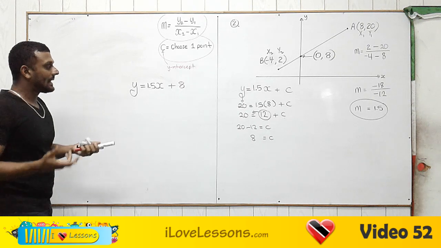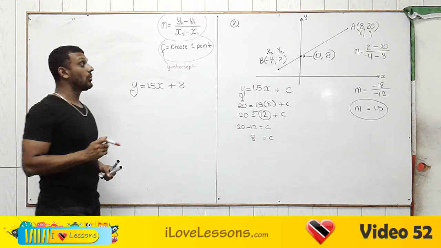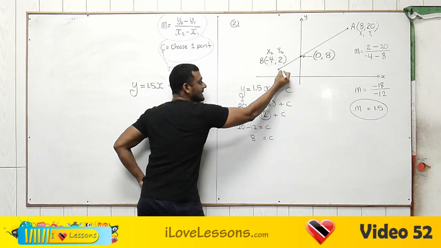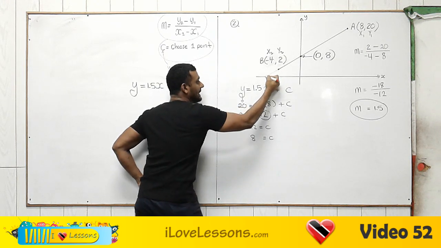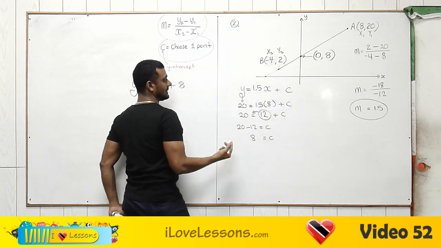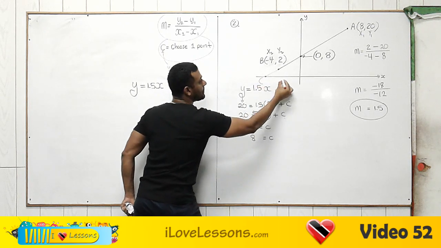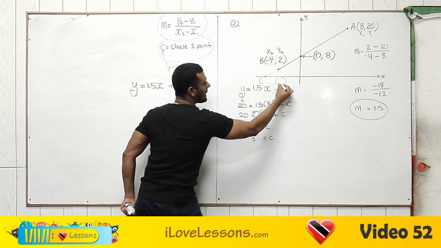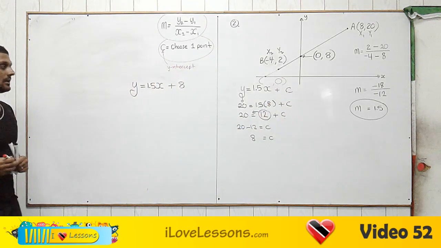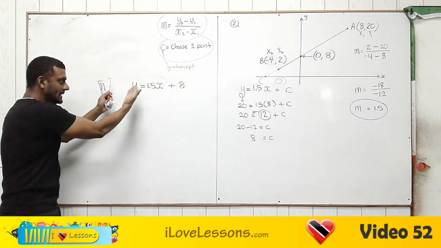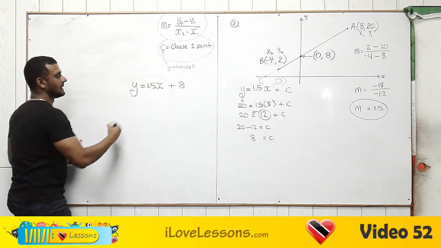Now, let's say someone asks you, where would this line cut the x-axis? If we were to extend this line, it would eventually cut the x-axis. Anytime something cuts the x-axis, you can be sure that the y value is 0. So let's calculate the x value. So we go to the equation of the line.